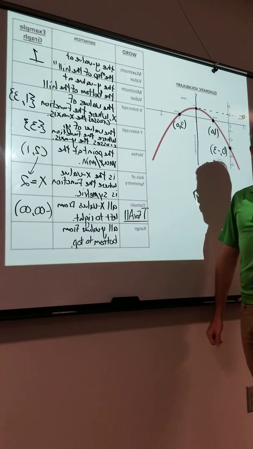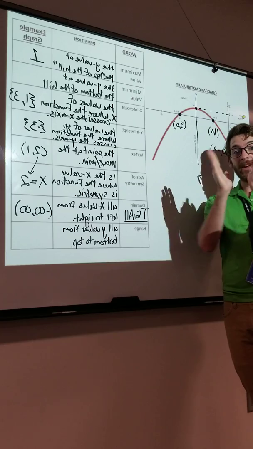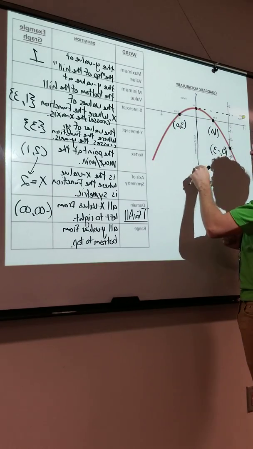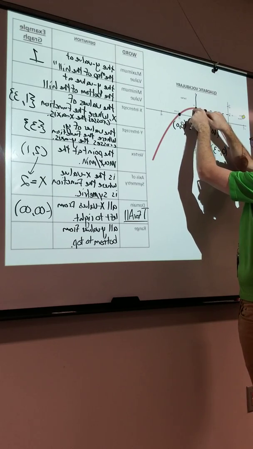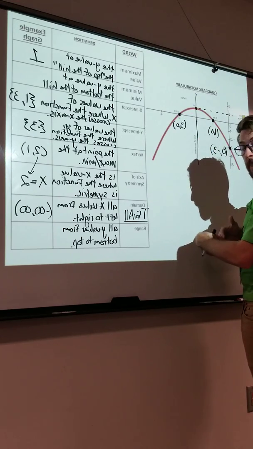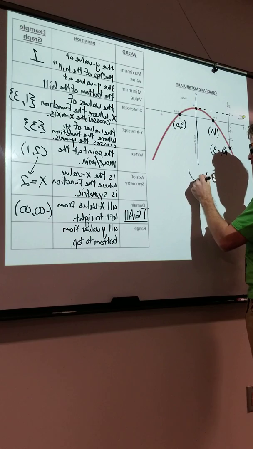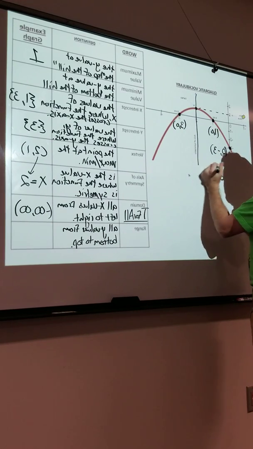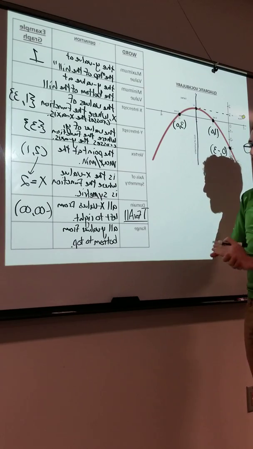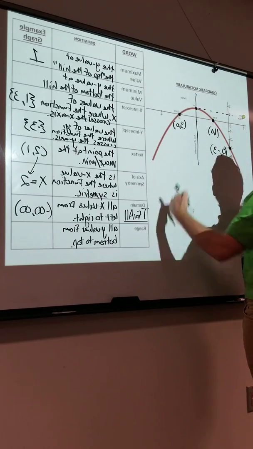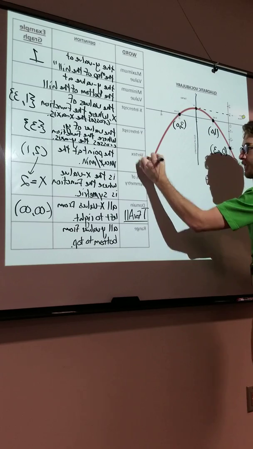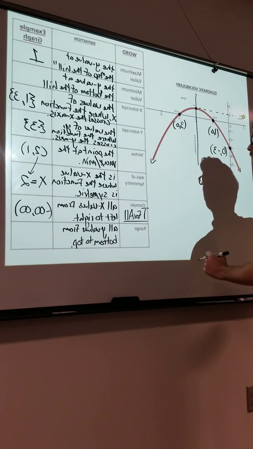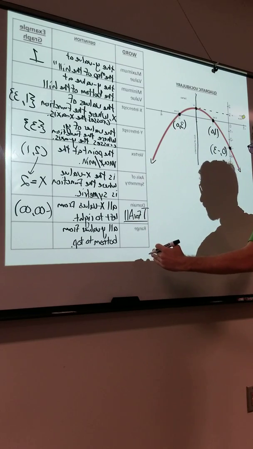Now, the range, just like absolute value, depends on where this maximum is or where the minimum is. If it's a maximum, everything has to be below it. If it's a minimum, then everything has to be above it, because that's what a max or a min means. And so in this case, the range starts way, way down here because the function is going to continue going down, down, down, down, down. It continues forever.